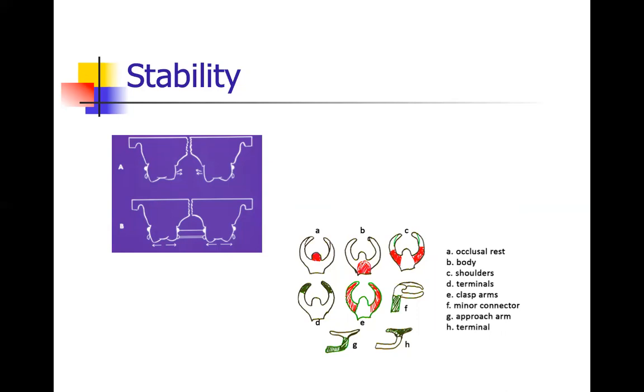It helps the denture to be steady, firm, and resist displacement due to functional stresses. Stability is provided by the reciprocal arm, the shoulders of the clasp, and the minor connector.